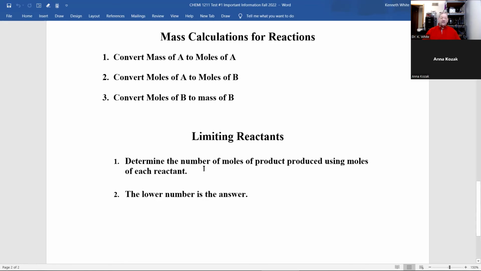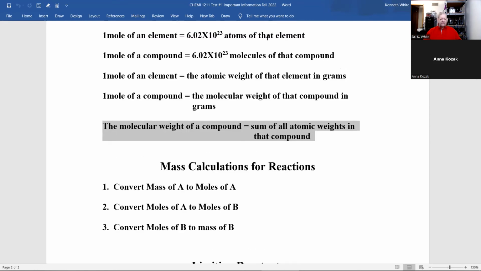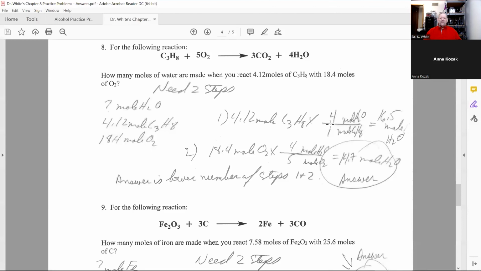So first we have to do 2 steps, find the moles of product produced from each reactant, and then determine which is the lower number, and that's the answer. First one, I want to go from moles of C3H8 to moles of water.